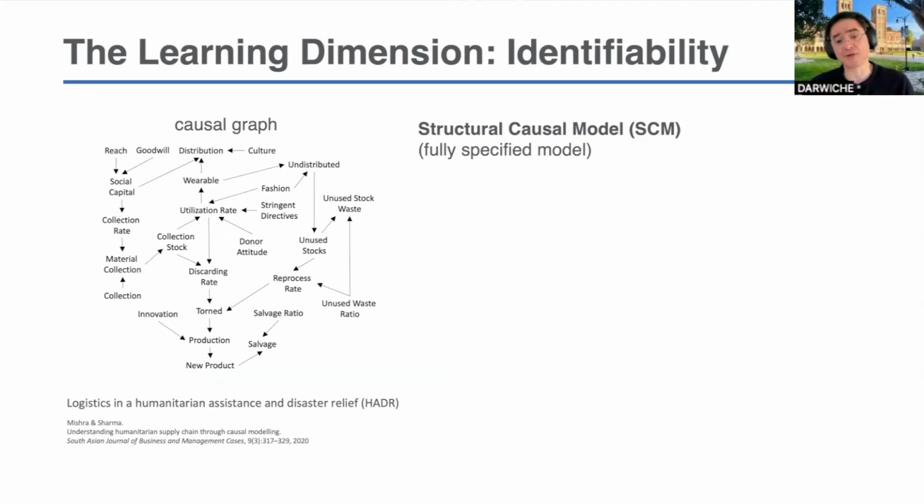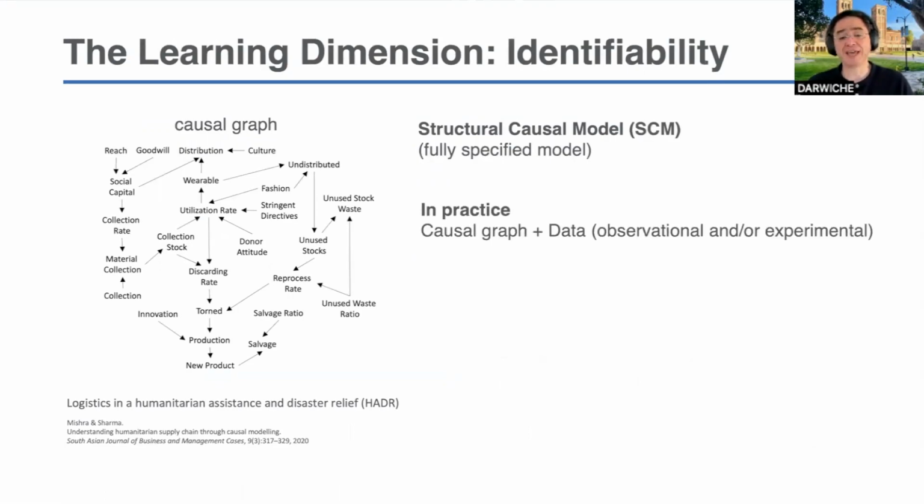In reality, though, you do not have a structural causal model, and you typically have only the causal graph plus data that could be observational or experimental or both. And that information is usually not enough to learn a unique structural causal model.